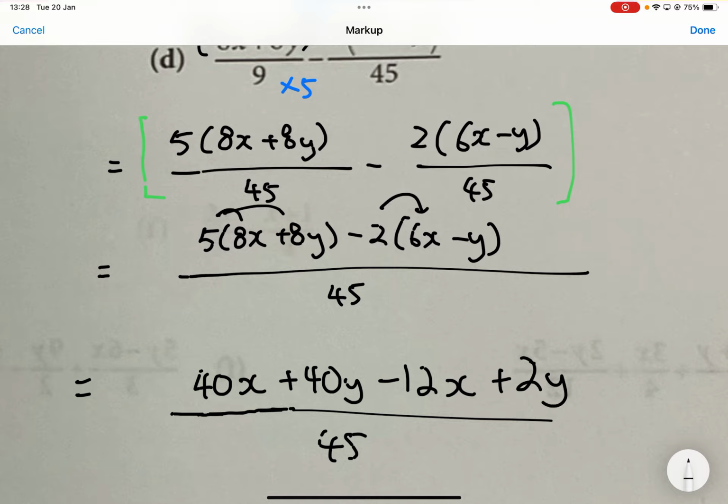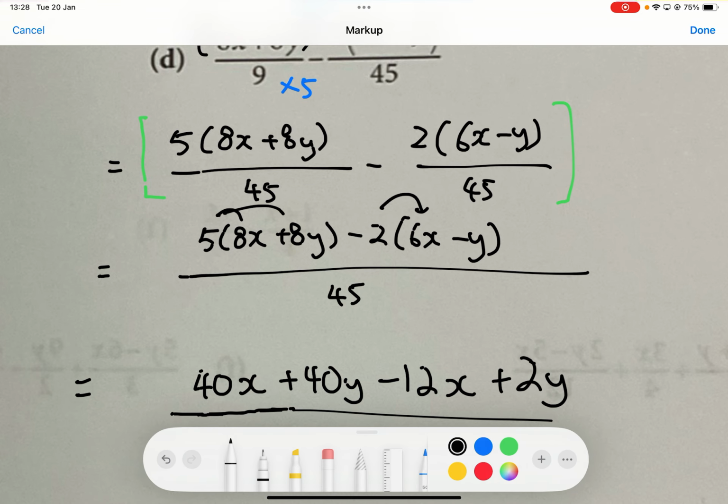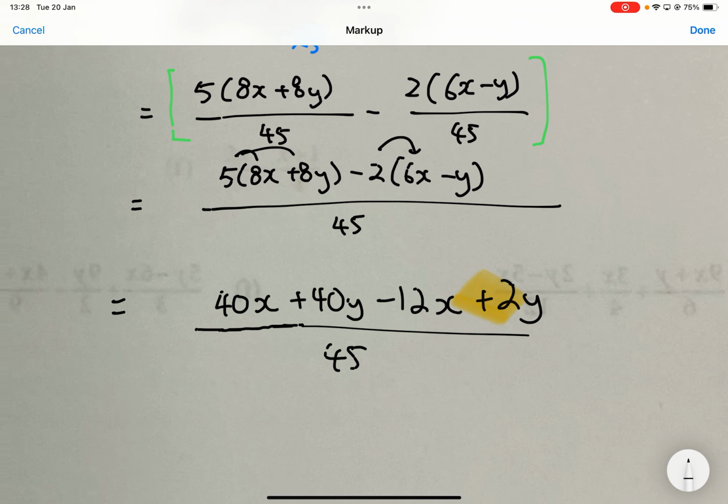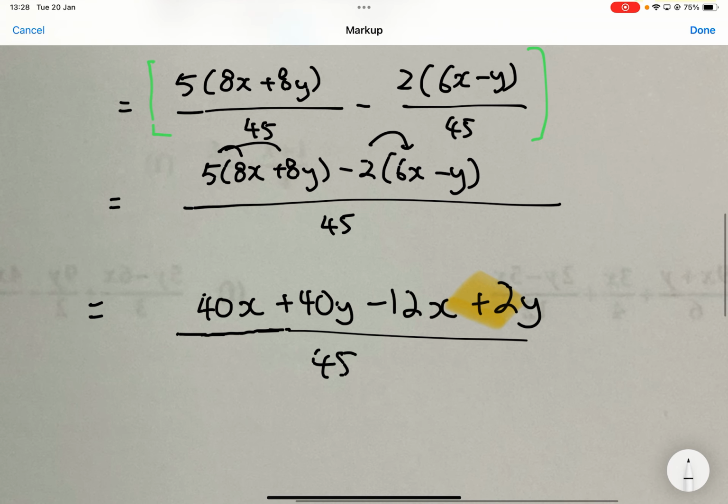Because minus 2 and minus y. Minus minus become positive. So this plus 2y here is the trap. This is where the setter want you to write minus 2y. This is for you to show that you know minus 2 minus y, it will become positive 2y.